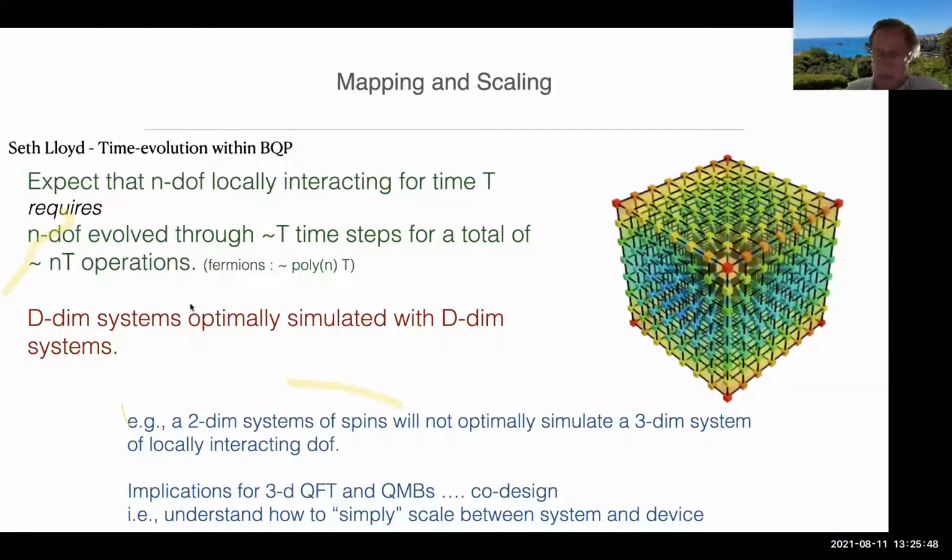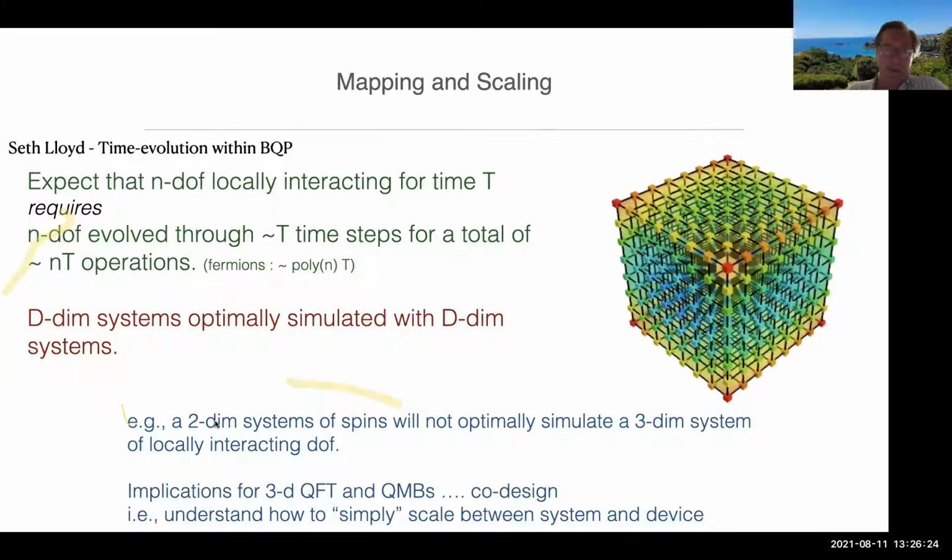It's also known that d-dimensional simulations are optimally simulated with d-dimensional systems. So, for instance, if one wishes to simulate a two-dimensional quantum system, this will be accomplished optimally with a two-dimensional quantum simulation. But this also means that if you're looking to simulate three-dimensional quantum field theories, then a two-dimensional or one-dimensional system simulation is not going to be optimal, and you're really going to be looking to work with three-dimensional quantum simulators and quantum computers.